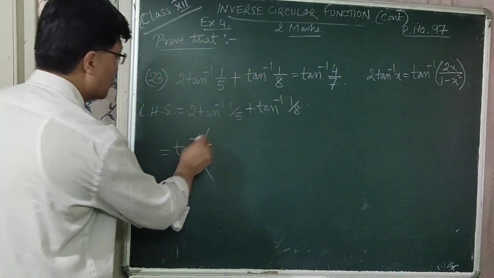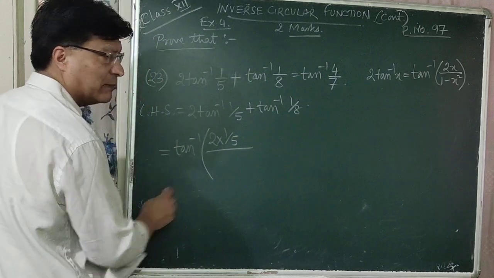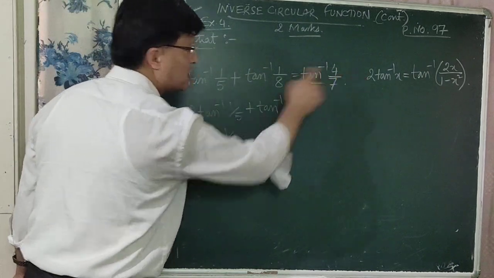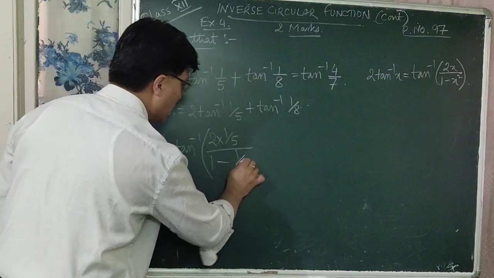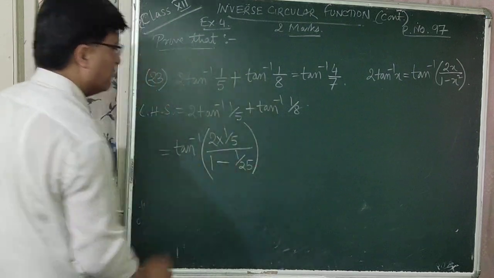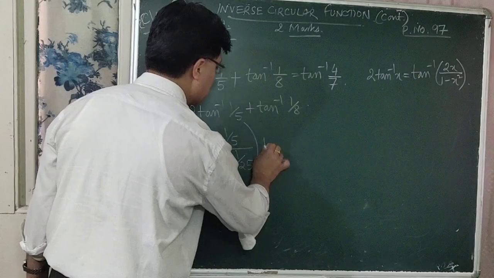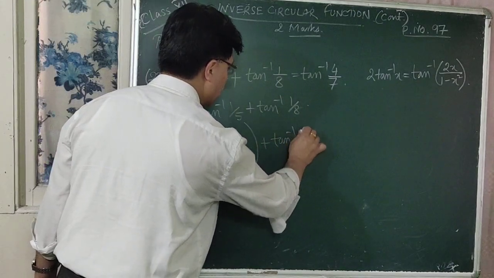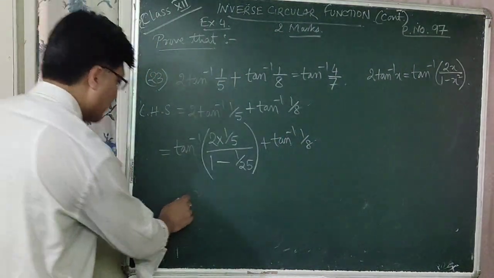So use that formula. 2 into, what is x here? 1 by 5 divided by 1 minus, what is x square? Here x square is 1 by 5 whole square, which is equal to 1 upon 25. Okay, you have understood? So next, plus tan inverse 1 upon 8. Now let us simplify it.